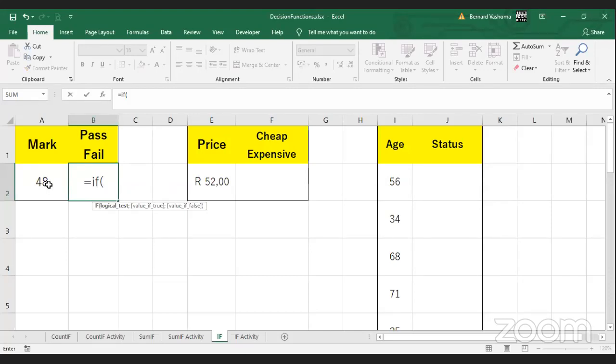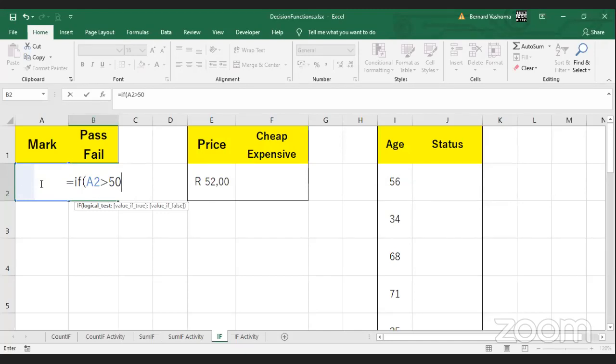So we're going to say if the value in this cell A2 is greater than 50, that's how you write the condition. The way you write the condition is always the same. You have the cell that you want to compare, you have an operator: greater than, equals to, less than. We're also going to talk about that during the lesson. And then the value that you want to compare the value in A2 with. In this case, it's what?